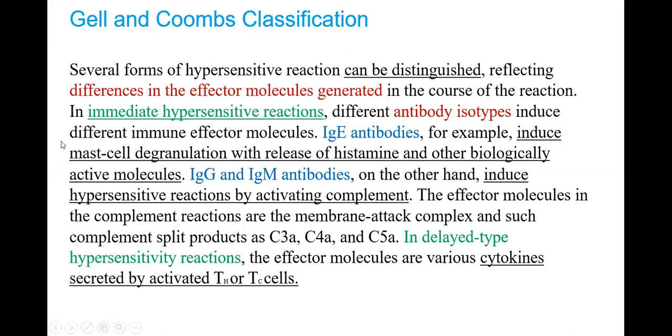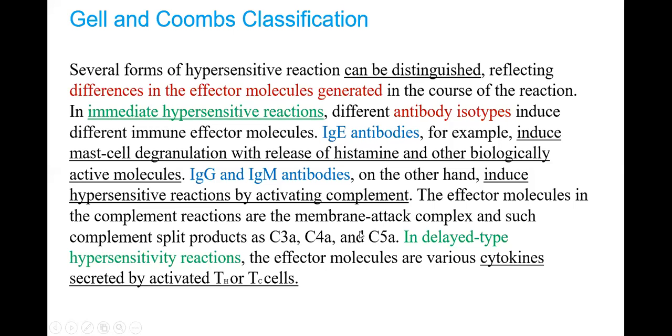Fundamentally, when type 1 is involved, IgE antibodies are involved. They crosstalk with mast cells and basophils and ask them to degranulate, releasing the histamine molecule. Where IgE is there, histamines are involved. Where IgG and IgM are there, there is activation of the complement pathway, classical antigen antibody.